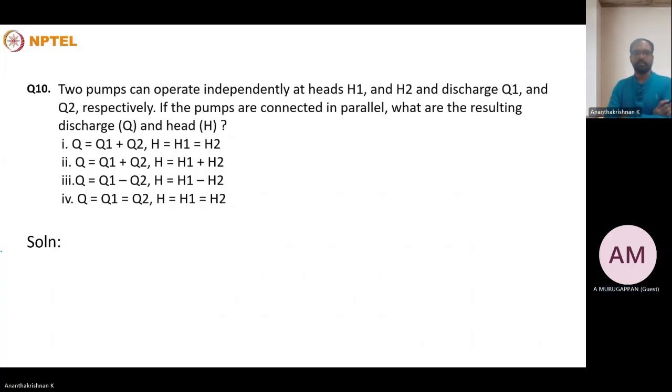Right. If the pumps are connected in parallel, the head remains the same and the discharge increases. So the answer is Q equal to Q1 plus Q2, and H is equal to H1 equal to H2.